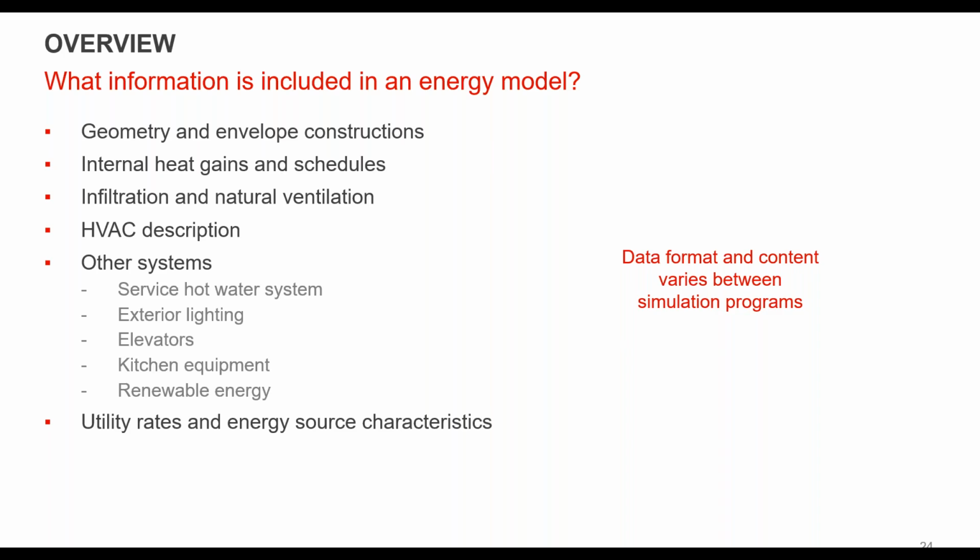You could also include a lot of other systems. Again, these may or may not be pertinent to your building. They may or may not have an impact on what you're trying to analyze, but certainly for certain code or LEED requirements, you would need to include service hot water, exterior lighting, vertical transport, kitchen equipment if you have it, and renewable energy now, which is part of the 90.1 standard starting in 2022.